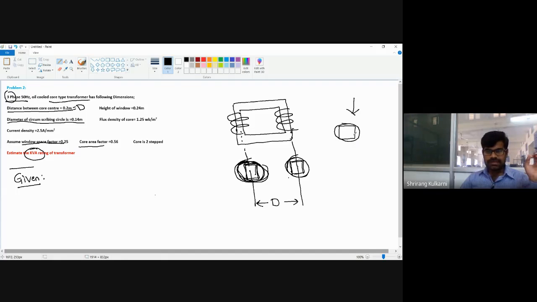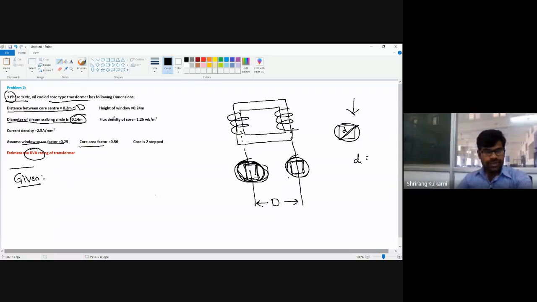It has a diameter, which is named small d. Small d is the diameter of the circumscribing circle, and that value is 0.14 meter.